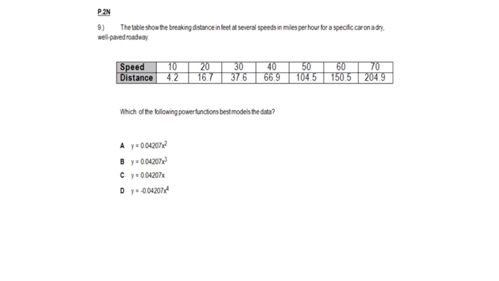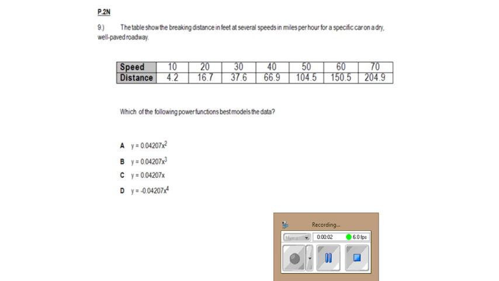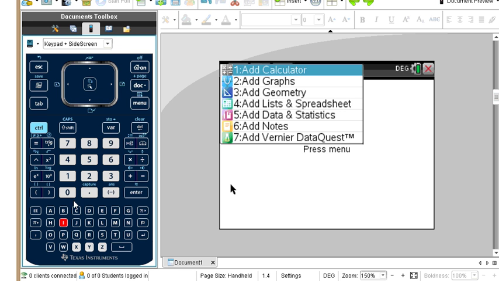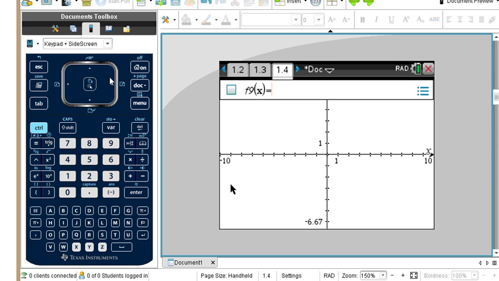Next, the table shows the braking distance in feet at several speeds in miles per hour for a specific car on a dry day. So this is one of these functions that I already placed in here.